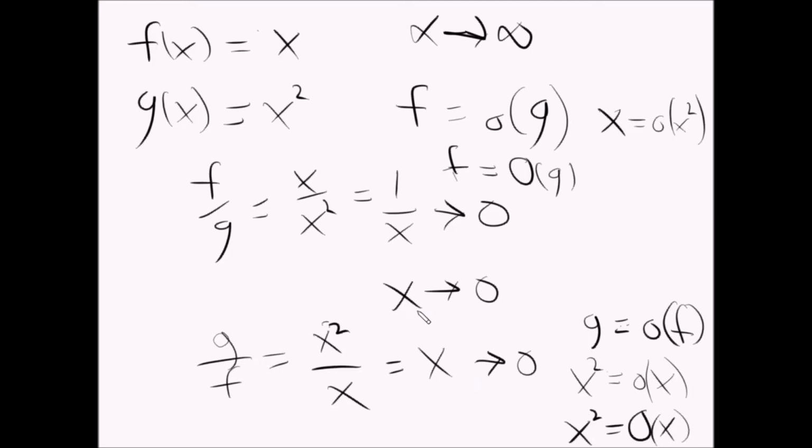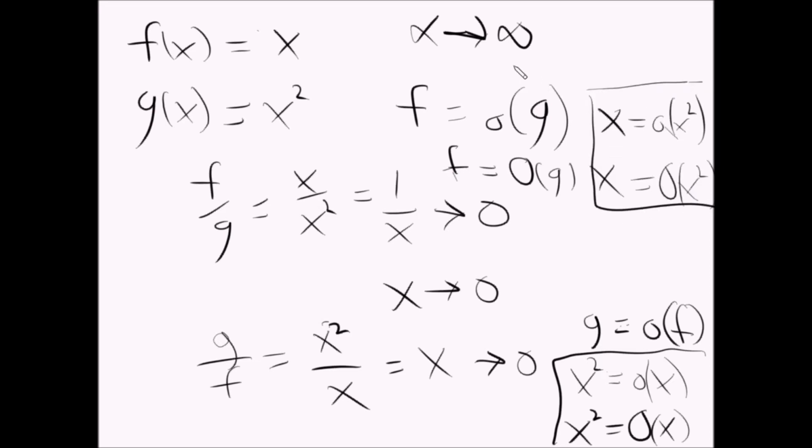But again, these conclusions only hold when x is tending towards 0. These conclusions here, so I can just write this out explicitly. X is big O of x squared. These conclusions hold when x tends to infinity.